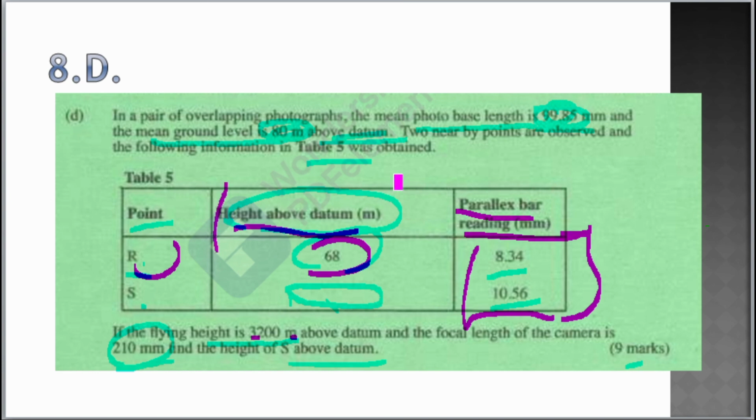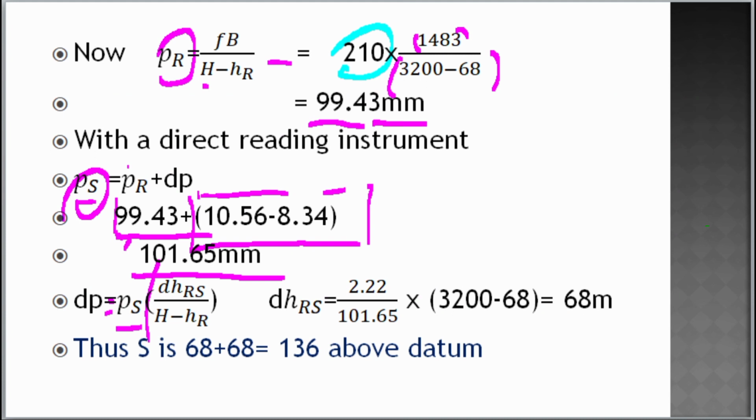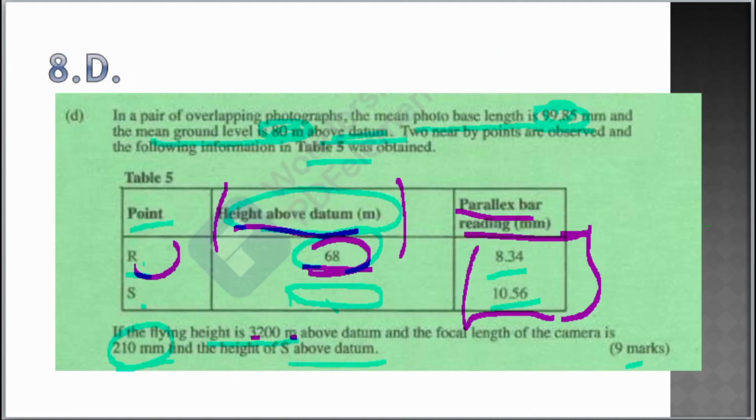So the height above datum for R is represented by the small h there. This is the formula that gives us the answer we are looking for. The difference in height between R and S is the missing data, because we have been asked to find the height of S above datum.